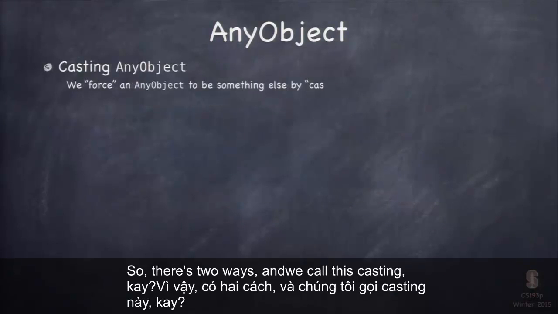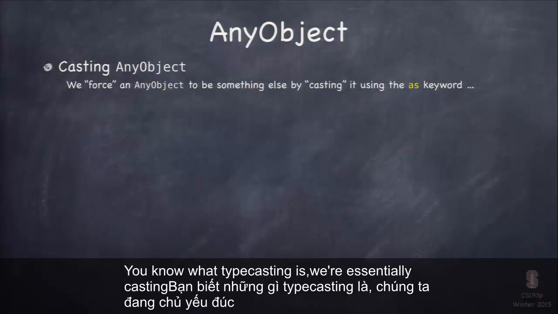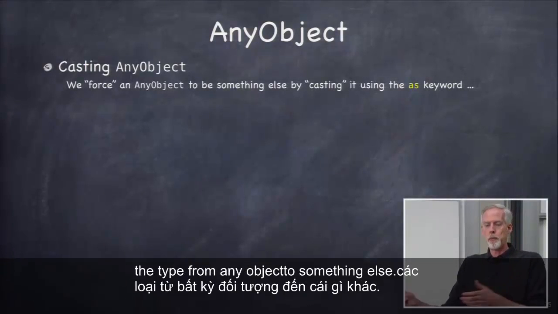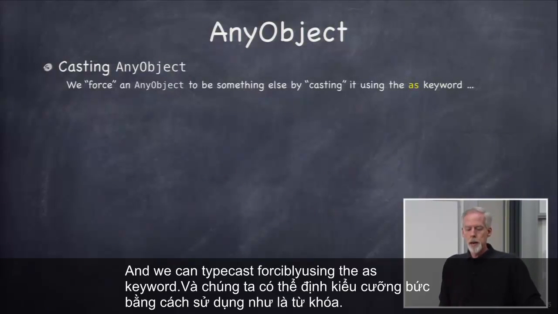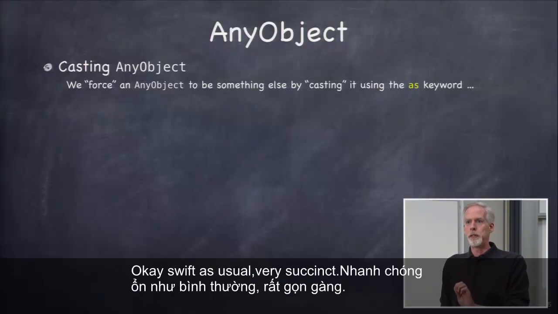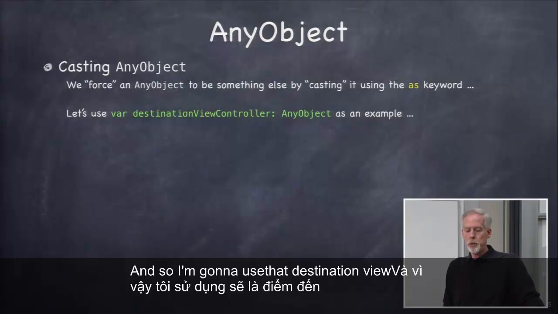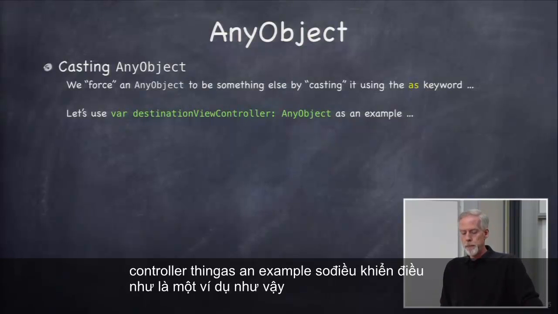There are two ways, and we call this casting, okay? You know what type casting is. We're essentially casting the type from any object to something else. And we can typecast forcibly using the as keyword, as. Swift as usual, very succinct. I'm going to use that destination view controller thing as an example.